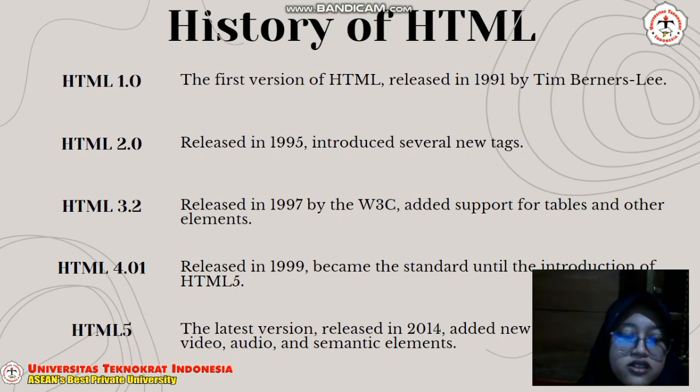HTML 3.2 was released in 1997 by the W3C and added support for tables and other elements. HTML 4.01 was released in 1999 and became the standard until the introduction of HTML5. HTML5, the latest version, was released in 2014 and added new features such as video, audio, and semantic elements.